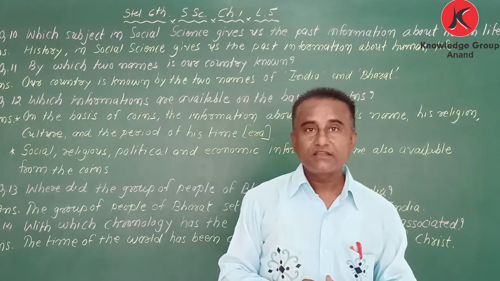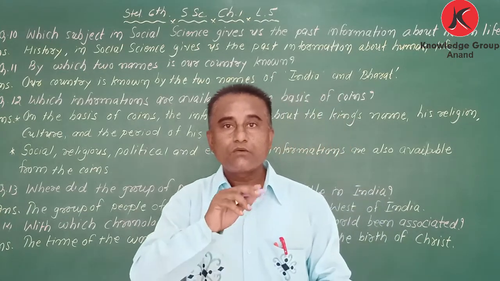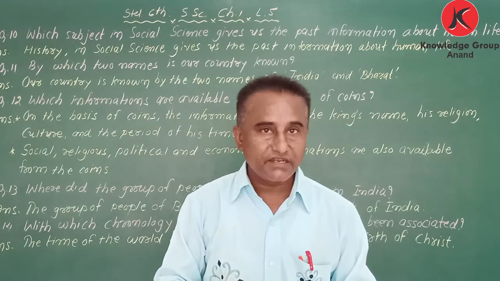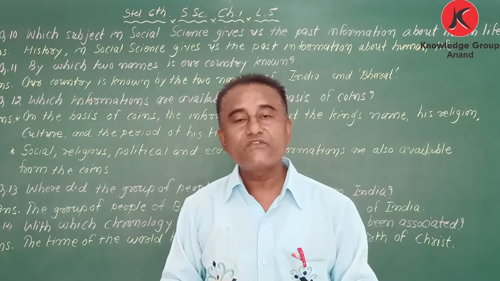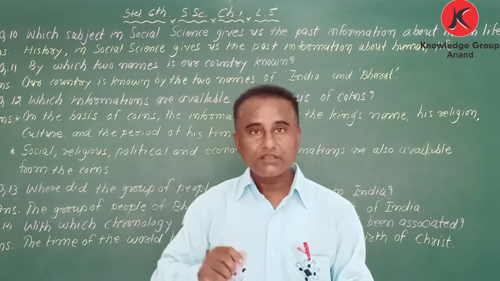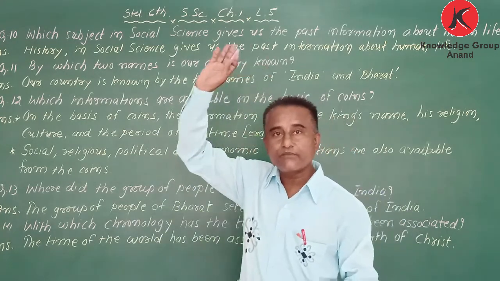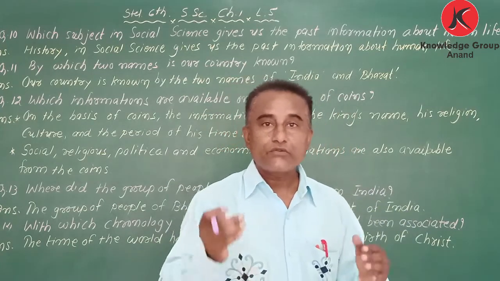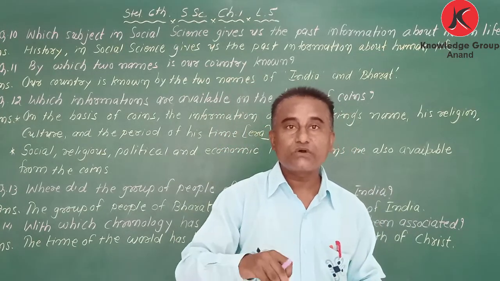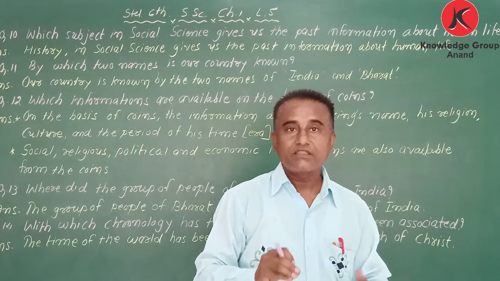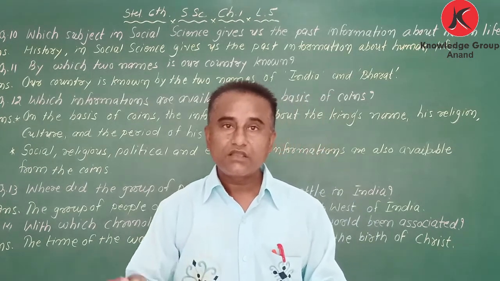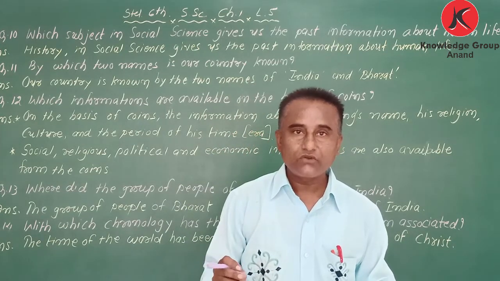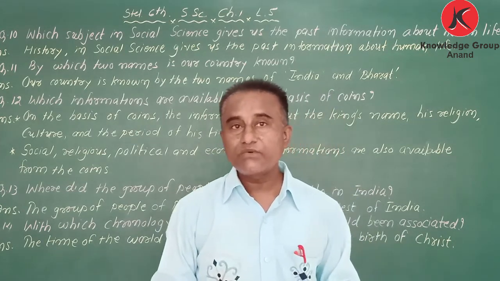There you will find the value of the coin and in which year it was minted. So many informations are given in today's coin. But at that time, when different kings were ruling and new coins were minted, they were writing the name of the king, his period, culture, social life, religion. So many informations were given.